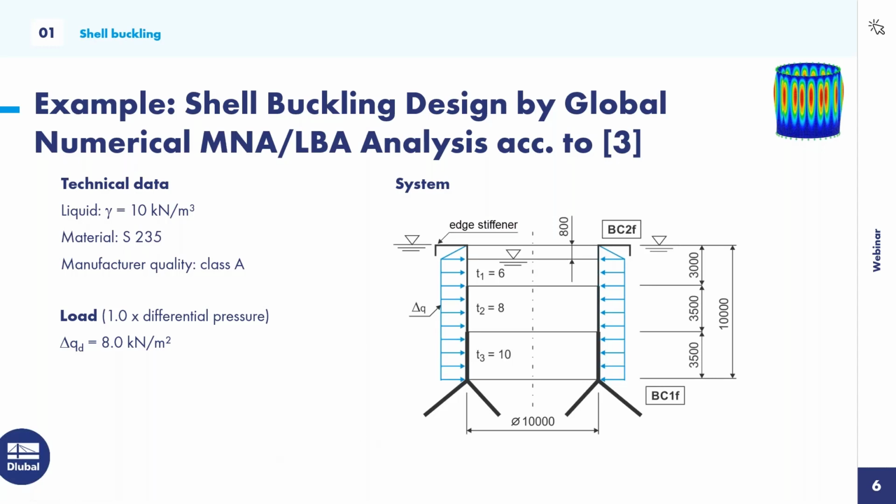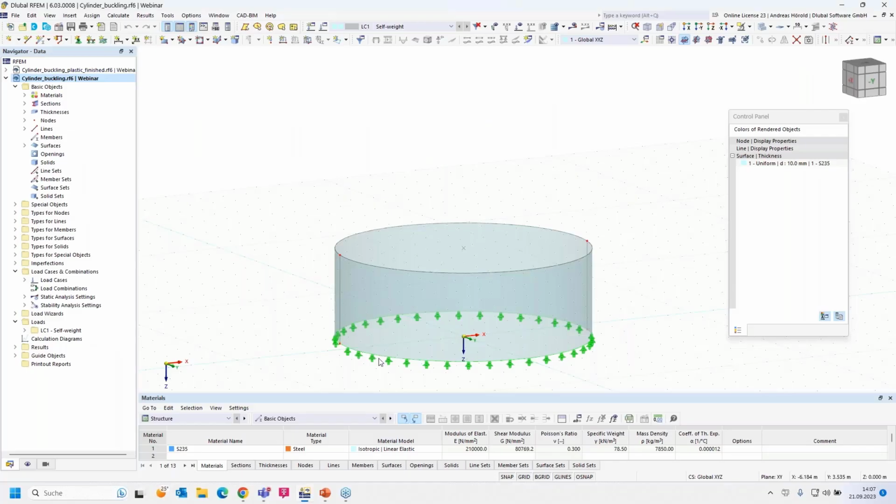Okay, then I turn to RFEM. I've already prepared the lower ring so that we save a little time, but I would like to show you some features for the attendees who don't already work with RFEM 6. That's the steel shell. You can see the thickness is 10 millimeters.